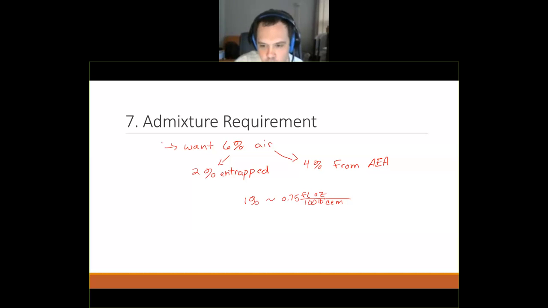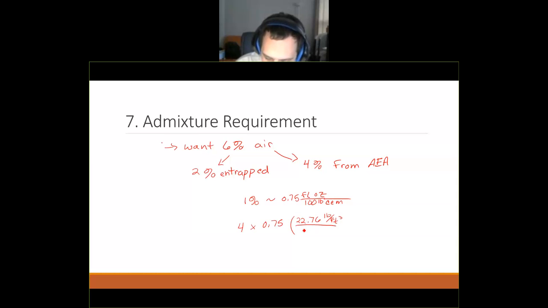But for here, what we're going to do is we need 4% from the air entraining admixture. So I'm going to take 4%, and then I'm going to multiply it by that 0.75, and then I'm going to multiply it by the weight of the cementitious, which we had said was 22.76 pounds per cubic foot.